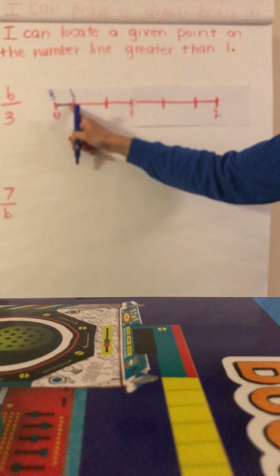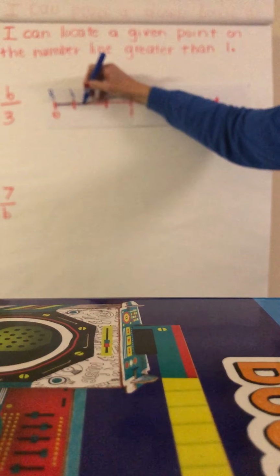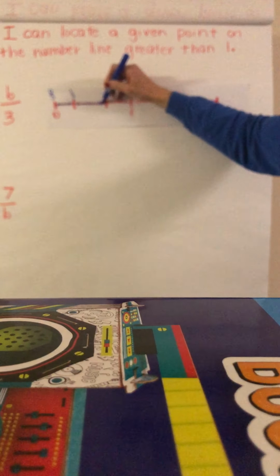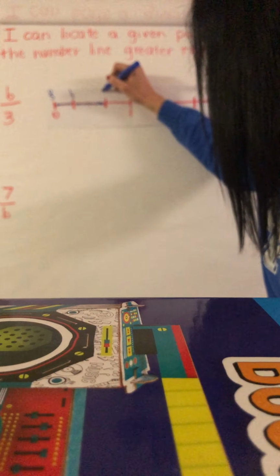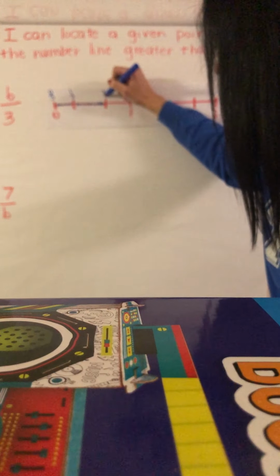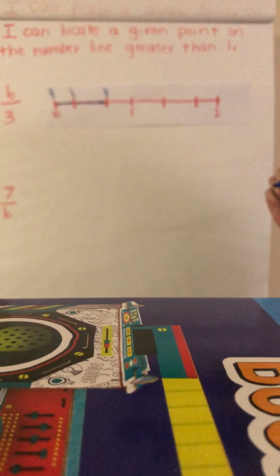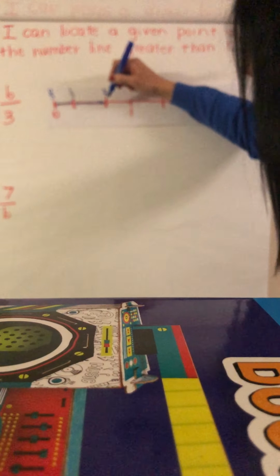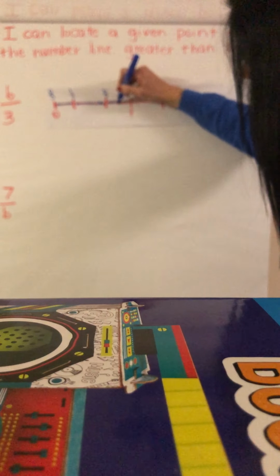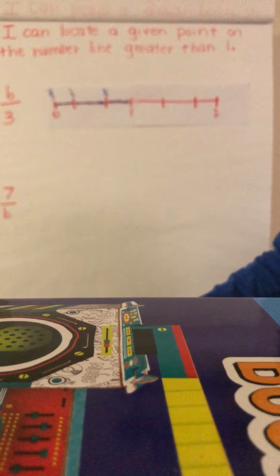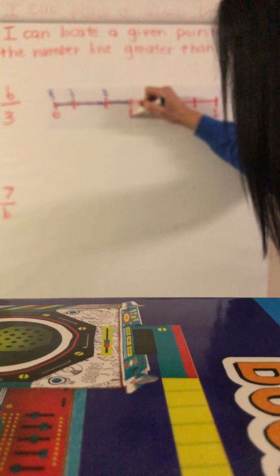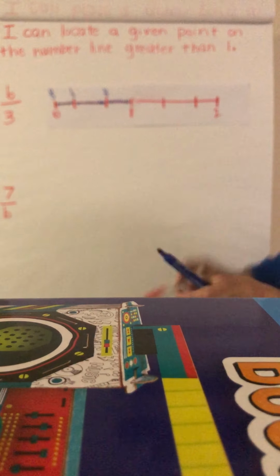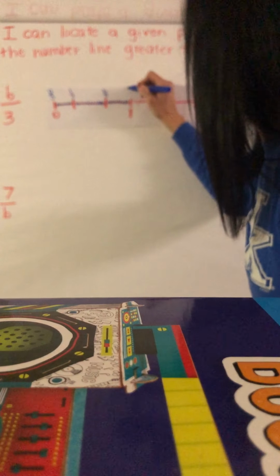When I get to the next hash mark, and this is not the most even or equal parts, but that's okay, I'm at 2/3. Then I'm going to move over to this number 1. And we should know that when we get to 1, we have 3/3. That's our whole.